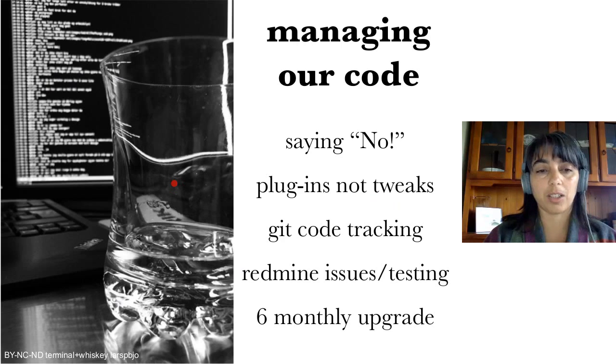So as I mentioned, things like the student list is now a plugin. It's a report plugin, not a tweak to core code participants page. So we're trying to do that a lot more, and that just means that if the core code changes significantly, then we're not having to spend too much time trying to get that code working properly again.